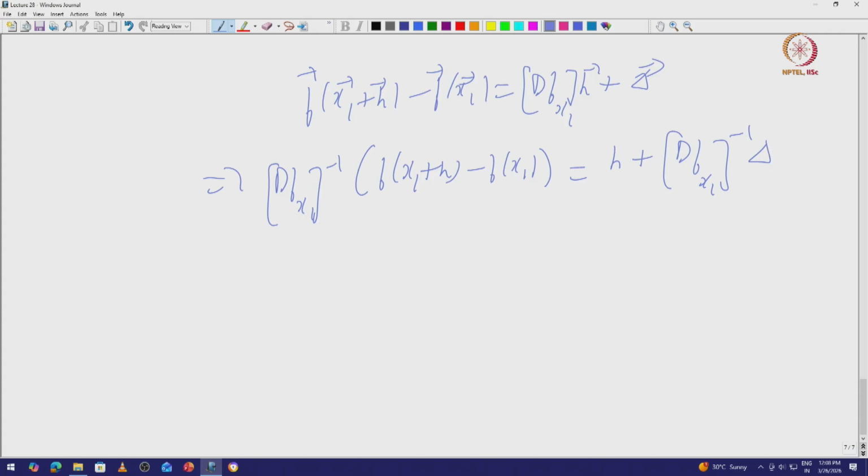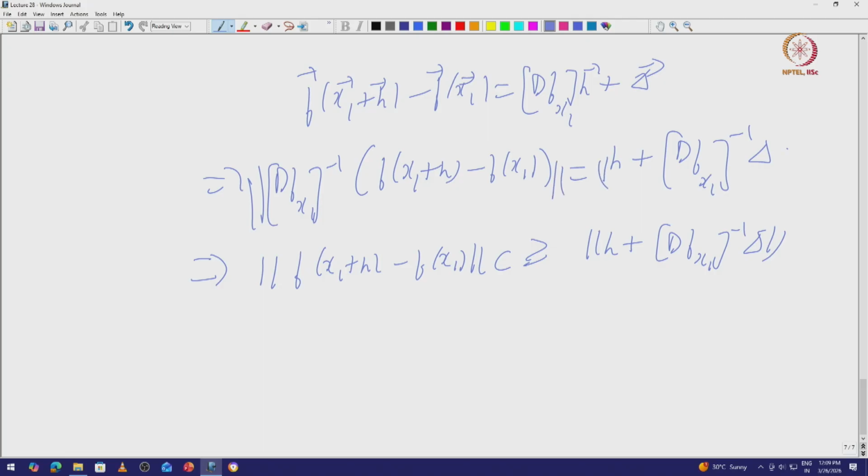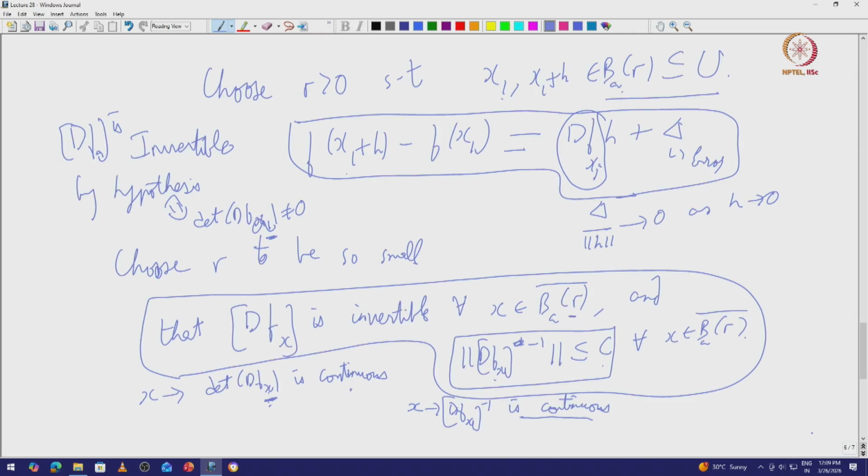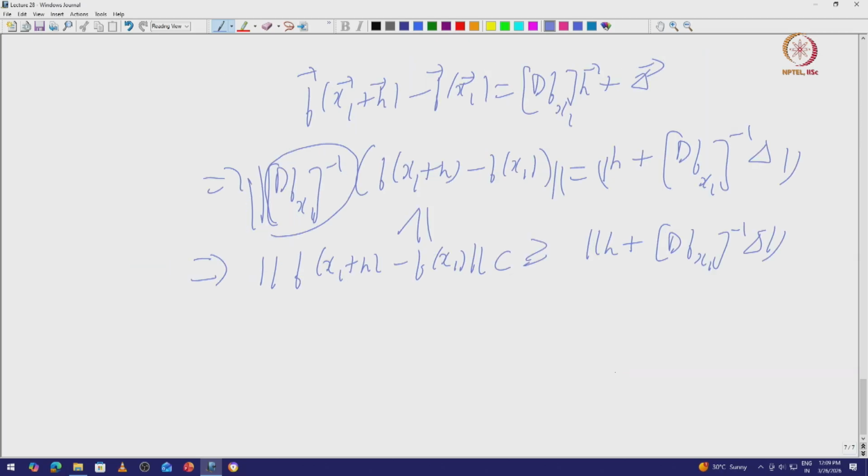Which means that norm of x1 plus h times c is larger than this. Why? Because the norm of this is equal to the norm of this, and this is less than or equal to this. Why? Because we've already stated this. We've chosen R to be so small that this happened.